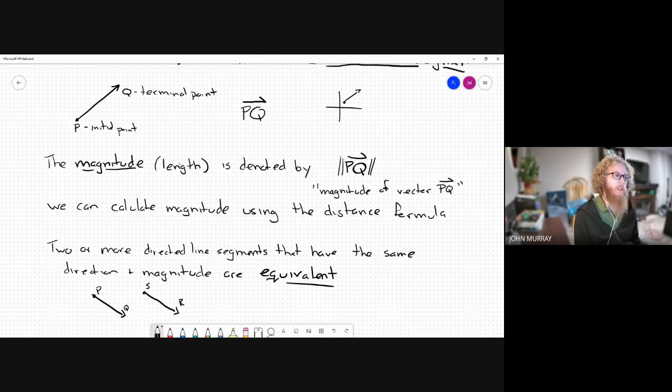I just sketched it, but they have the same direction and the same magnitude. If we set up the right triangle and use the distance formula, we get the same thing. They would be equivalent.